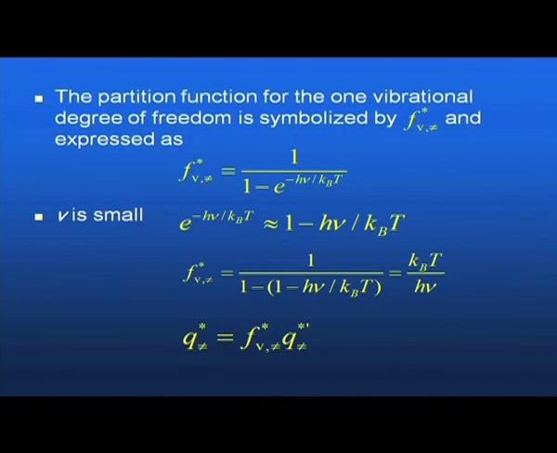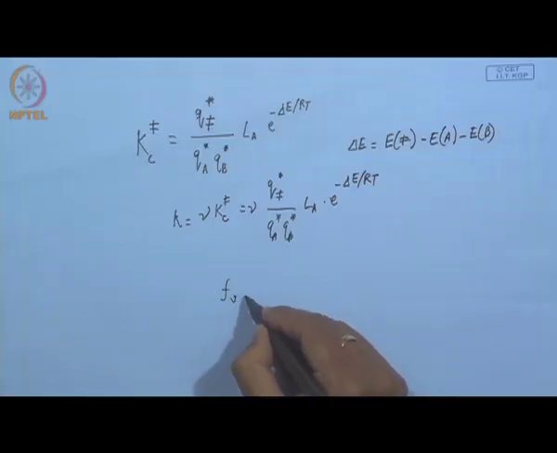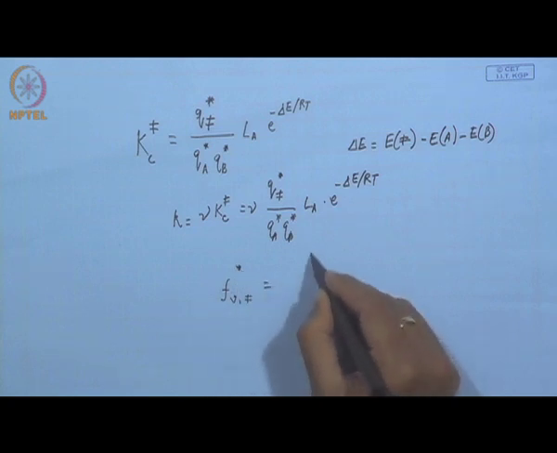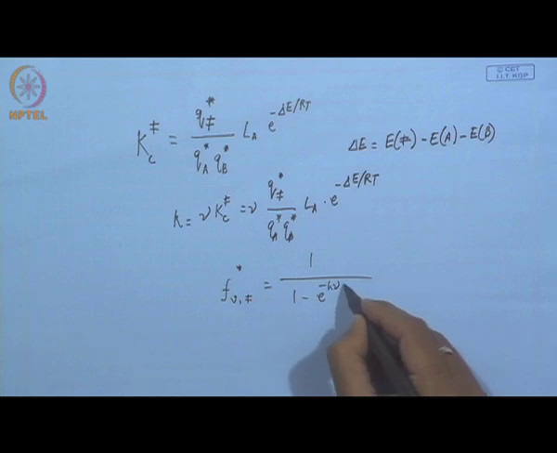So, the partition function for the only vibrational degree of freedom responsible for such passage from one side to the other we can write in this way: f nu double dagger star is equal to 1 by 1 minus e to the power minus h nu, where nu is the corresponding vibrational frequency.